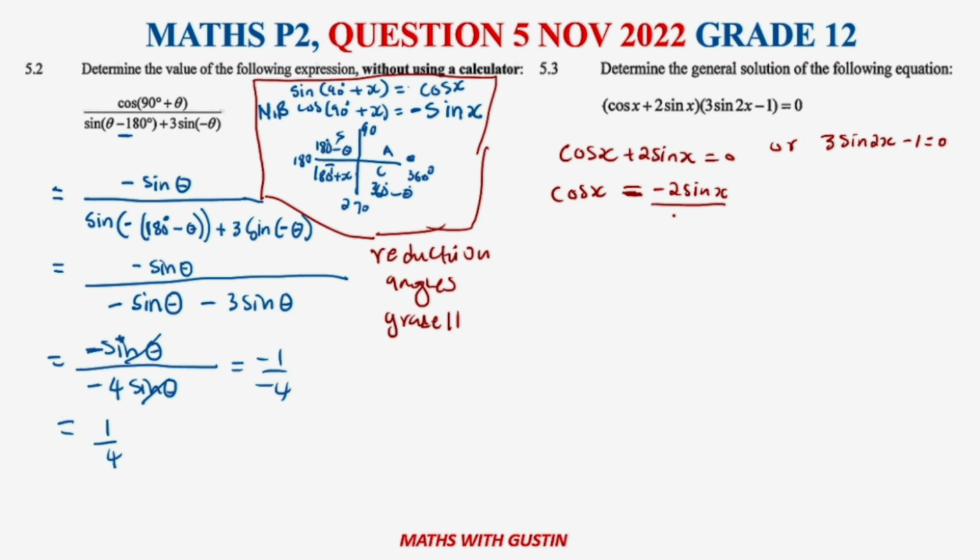Let me rather divide by cos on all the sides. This cos and this cos would cancel out, and then sine over cos gives us tan, so 1 equals -2 tan x.